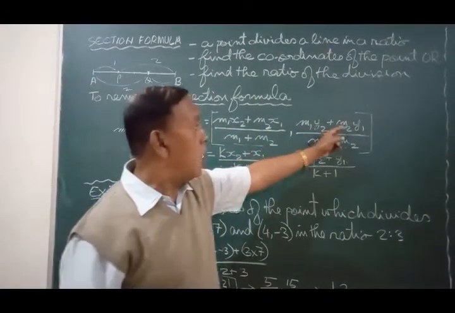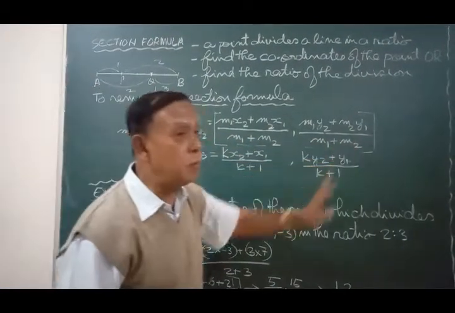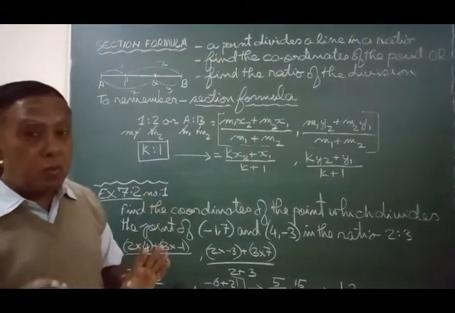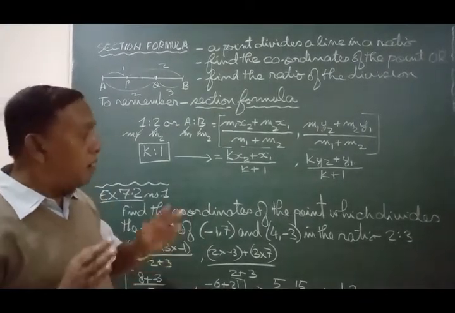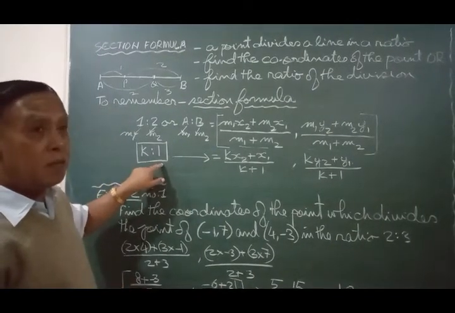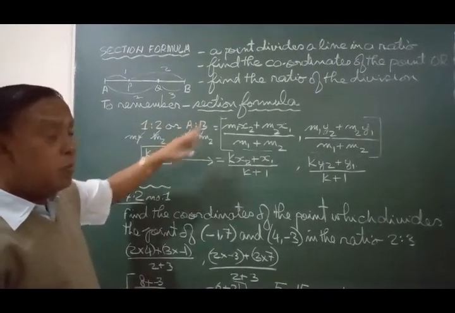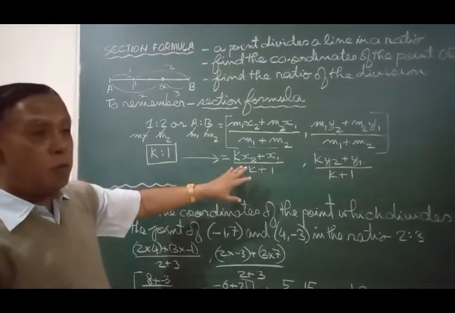M1 Y2, M2 Y1. And here it is both, M1 plus M2, M1 plus M2. That is the formula. Please remember, you have to study it by heart. It has to be there. Another option is like this: K is to 1, like 1 is to 2, A is to B. So you can also have K is to 1, and here, the same formula.